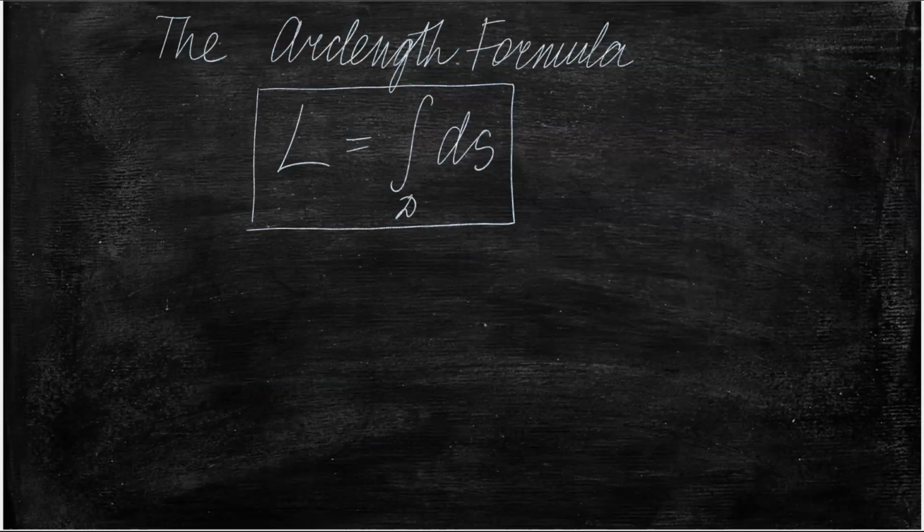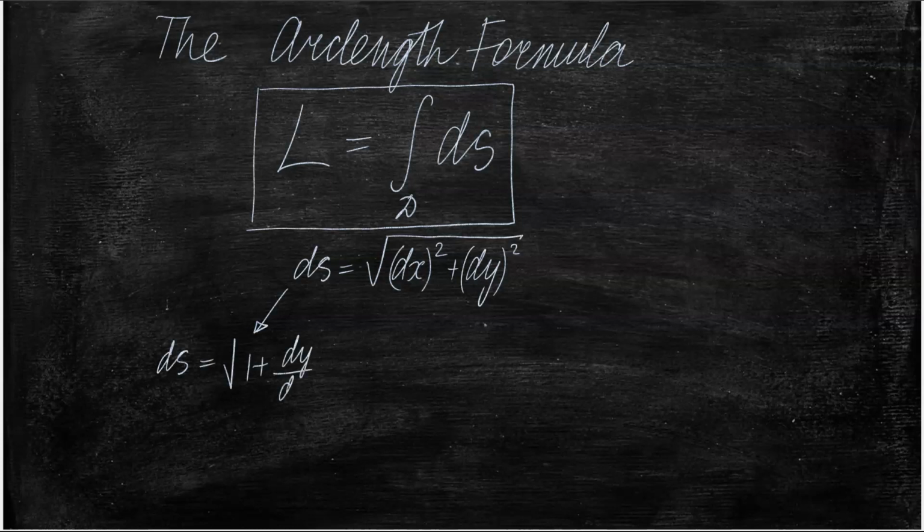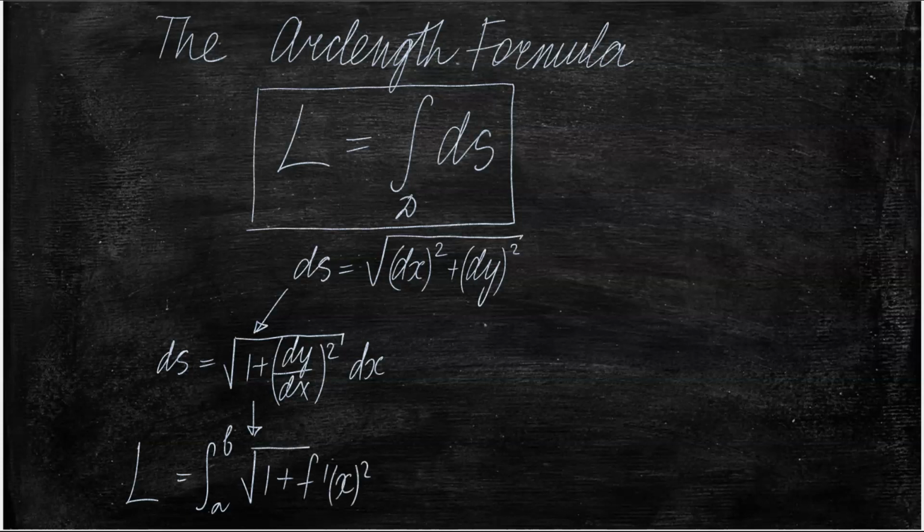So in this formula, ds stands for this, and therefore, depending on the problem, can be interpreted either like this, which then becomes our formula for the arc length when the function is given as y being f of x, or ds sometimes can be interpreted like this.